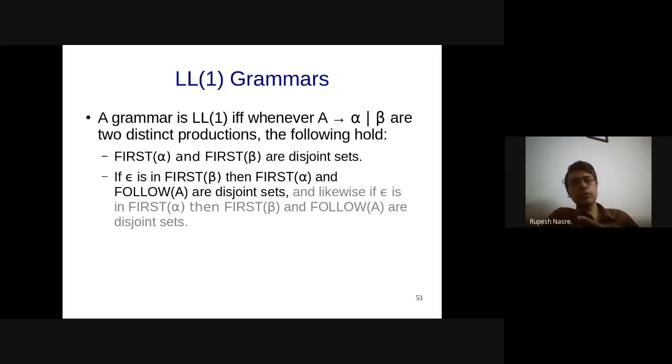As soon as you have two productions, you are unclear which one to use. So there is an ambiguity in the grammar, and since we are talking about LL1 grammar, we have just one lookahead, and therefore from the first of these two, you are able to figure out which way to go.